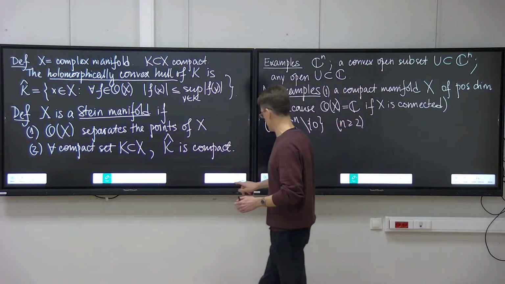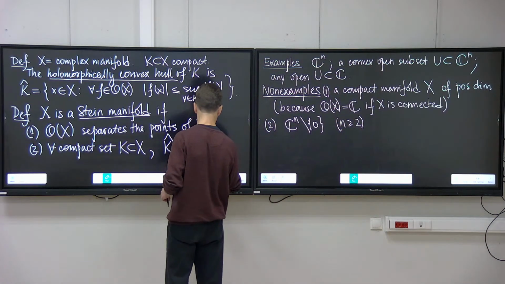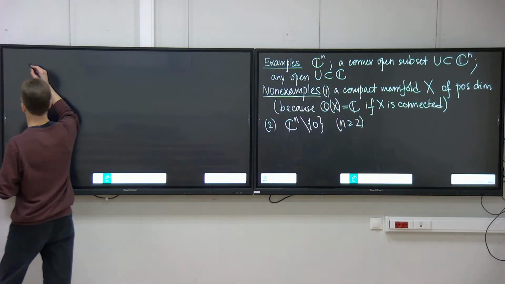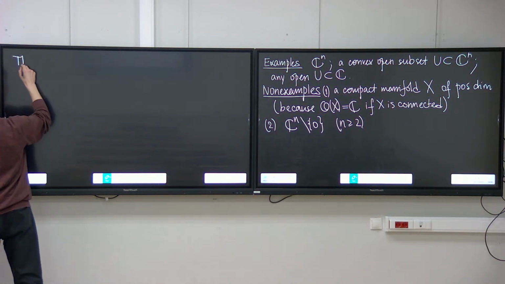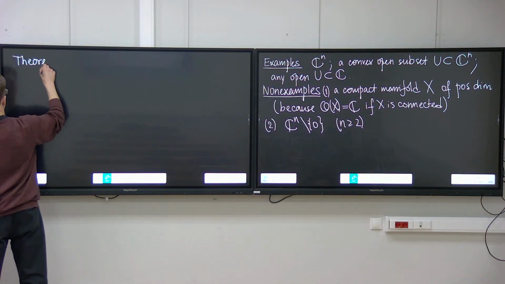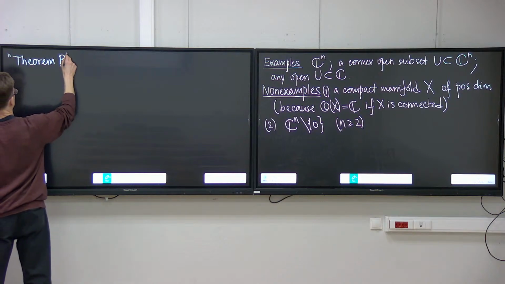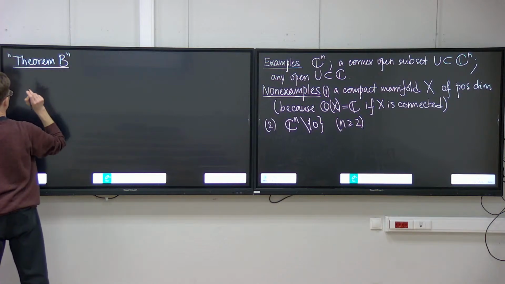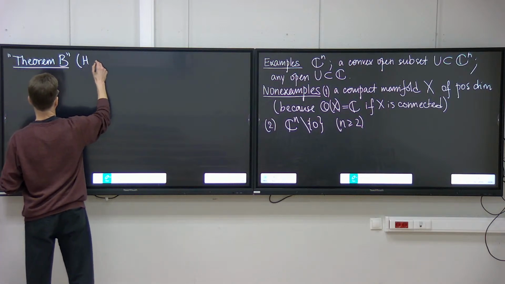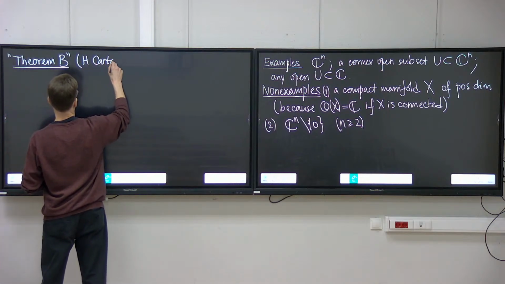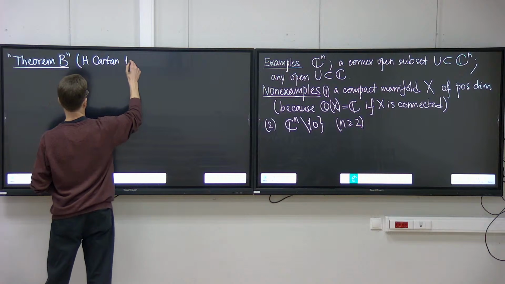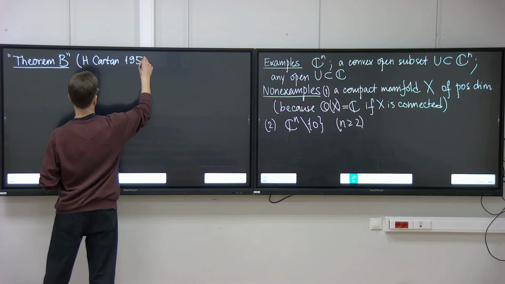For Stein manifolds, we have the following important result, the so-called theorem B. There is also theorem A, but we don't need it today. The theorem is due to Henri Cartan, if I'm not mistaken, 1951.